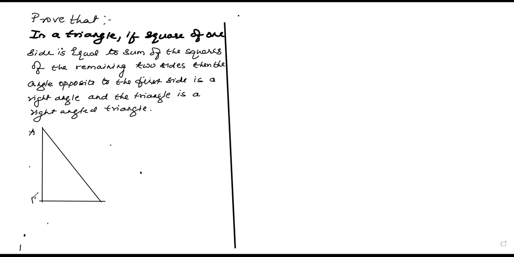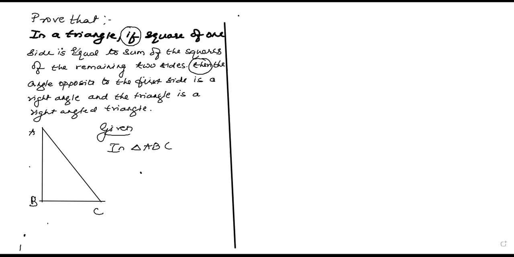So what is given in this triangle ABC is that the square of one side is equal to the sum of the squares of the remaining two sides. Okay, this is given, and whatever follows, you have to prove that.